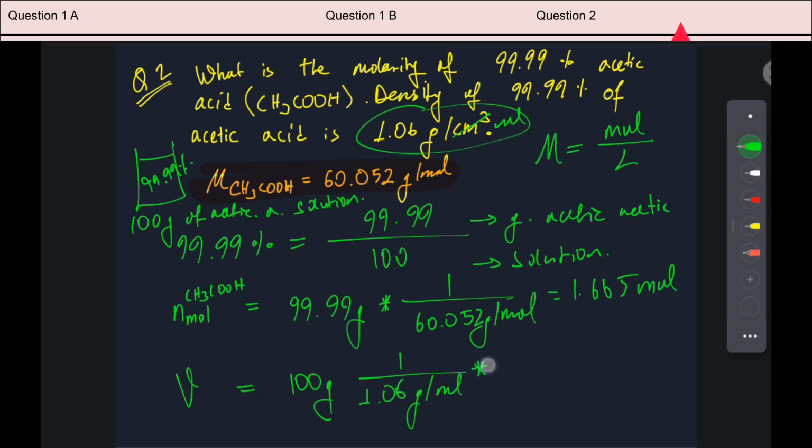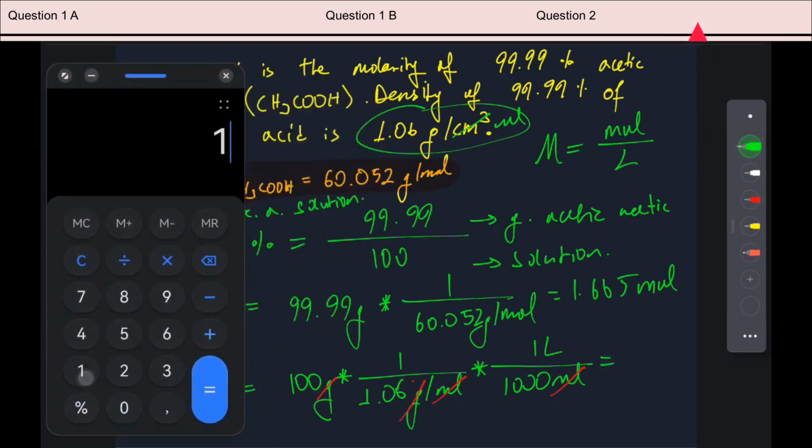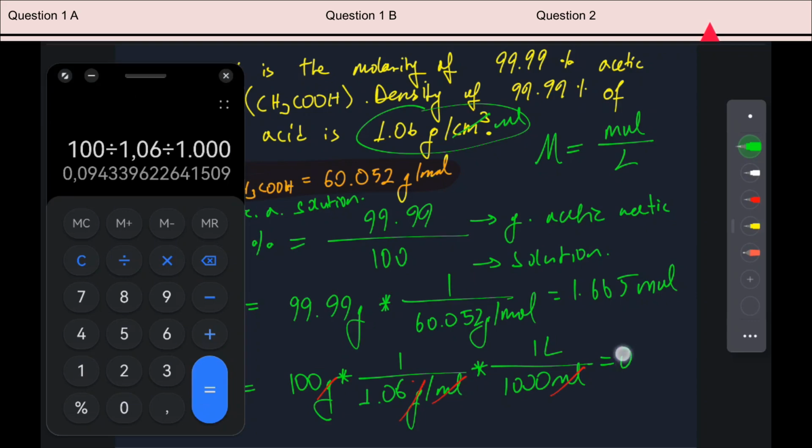I want to convert it to liter. Milliliters will cancel each other, grams will cancel each other, and the unit will be liter at the end of this calculation. 100 over 1.06 over 1000 is 0.09434 liter.